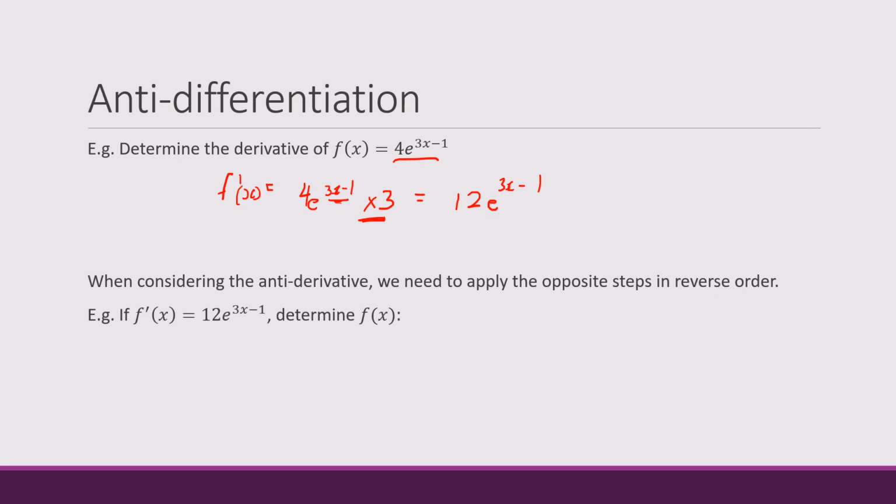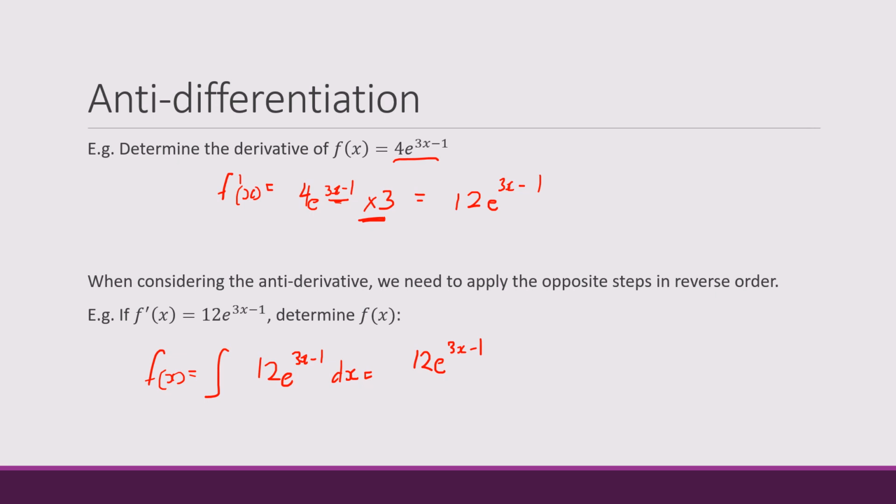So the key step in differentiating was multiplying by the derivative of the power. So when we consider the antiderivative, what we need to do is just apply any steps we use in deriving in reverse order with opposite operations. So f of x is our integral of 12e to the 3x minus 1 dx. Again, with our exponential, it's going to stay the same.